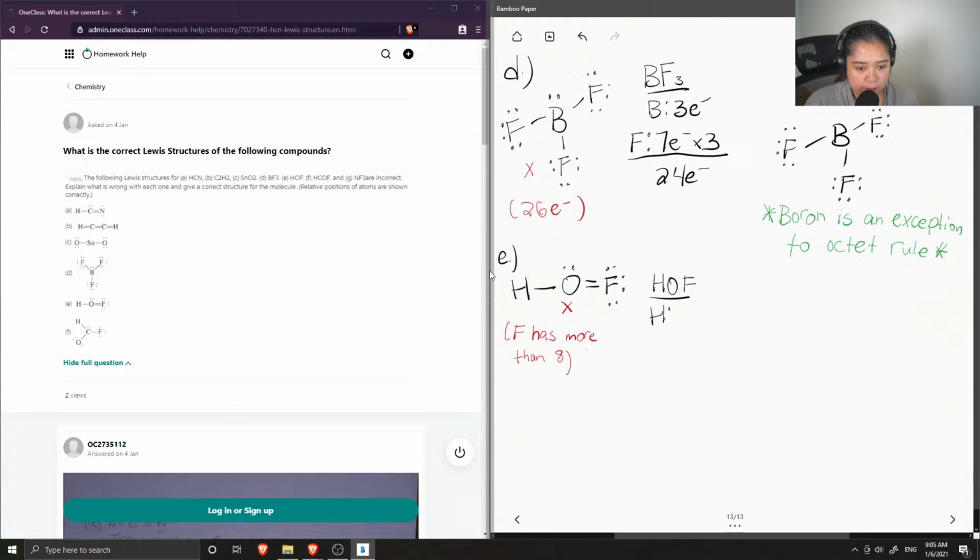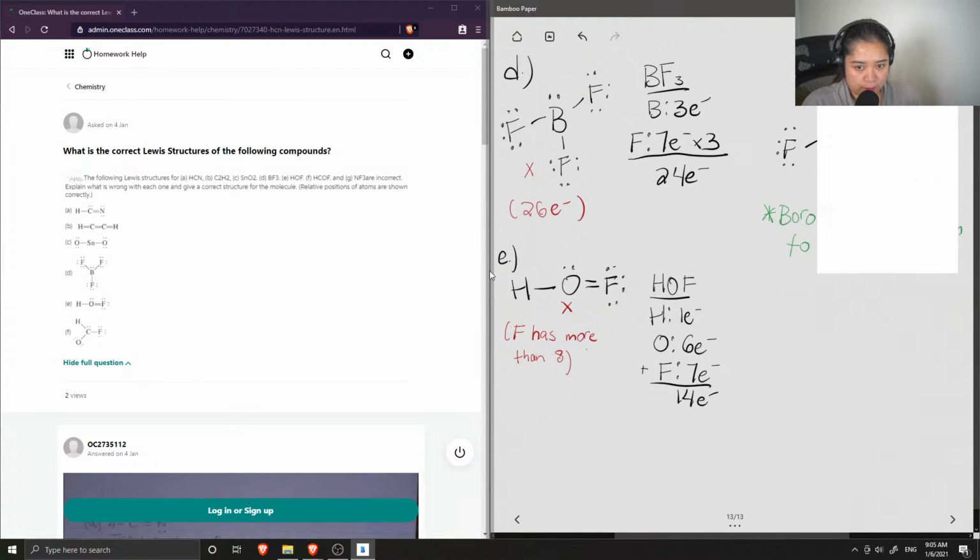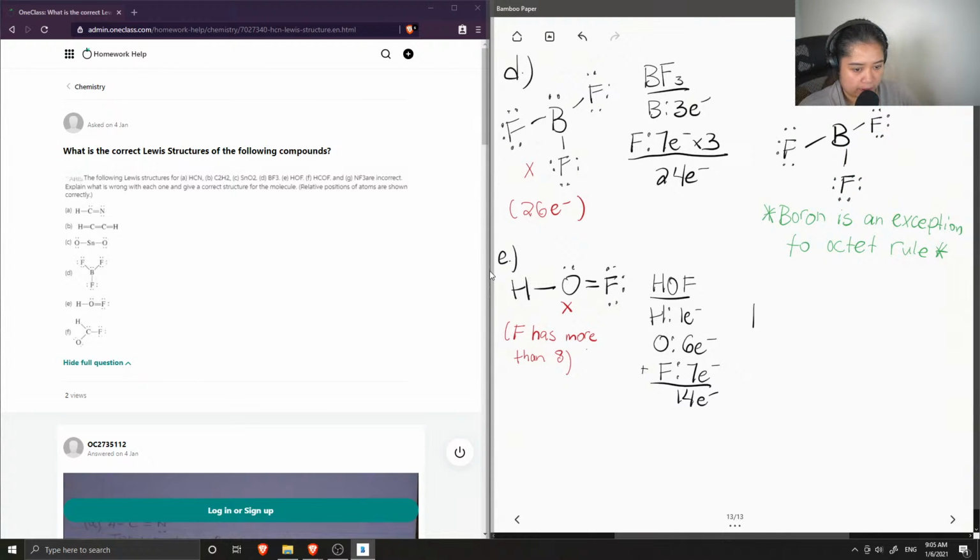So for hydrogen, it has 1 valence electron, oxygen has 6, and fluorine has 7 that participates in the bonding. So if we add it all up, there are 14. So let's try to draw the correct molecule.